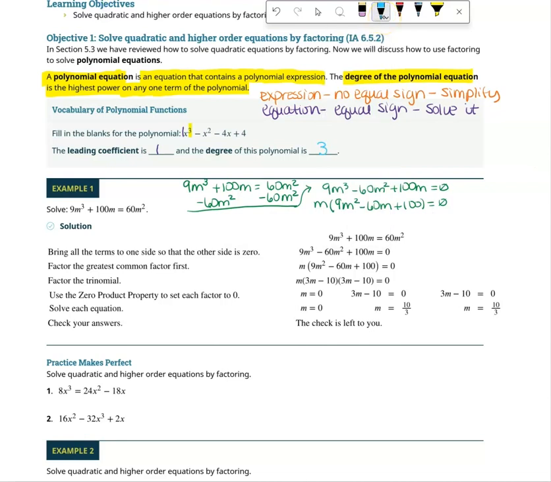Right. So now we can do our AC method. We take 9 times 100, that gives us 900. We want factors of 900 that are going to add, same sign, to give us negative 60. So that's going to be 30 and 30. They both get the same sign, so they'll both be negative.